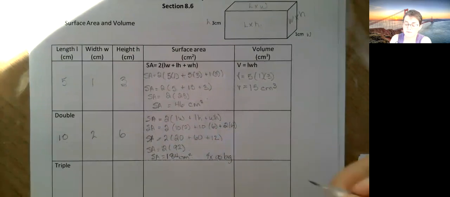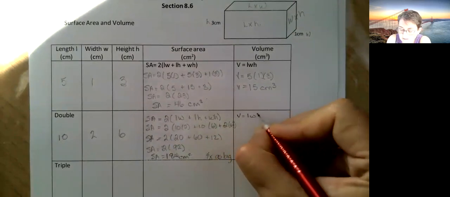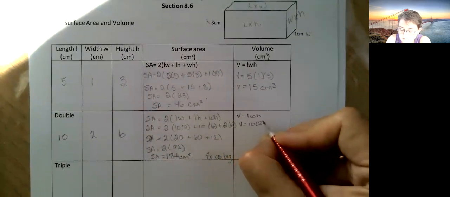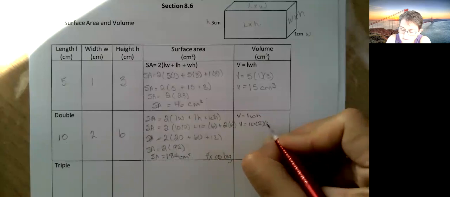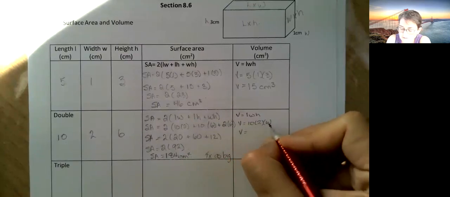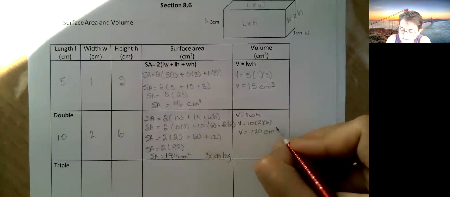Well, let's see what happens with our volume. Volume is length times width times height. Volume is 10 times 2 times 6. Volume is 20 times 6, that should be 120 centimeters cubed.